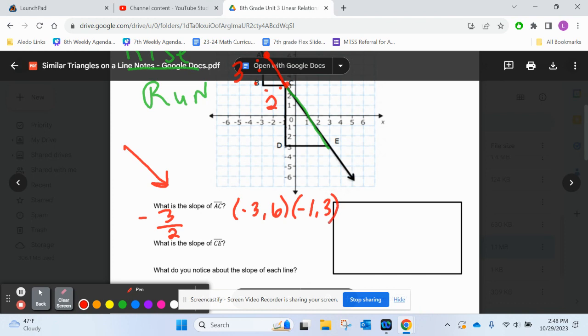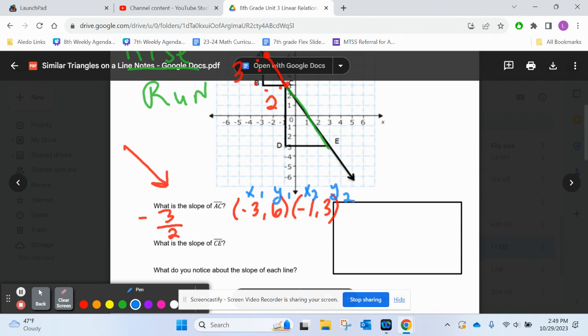I point this out because I want us to also look at our slope formula. We know that if we're going to find the slope, we subtract our y's on top and our x's on bottom. I'm going to call the first ordered pair x1, y1, and the second one x2, y2.